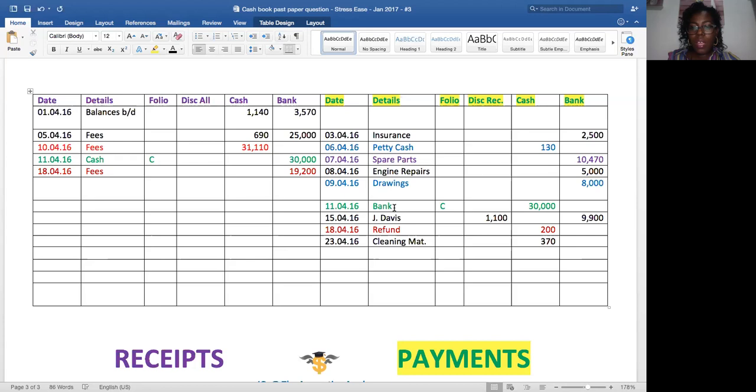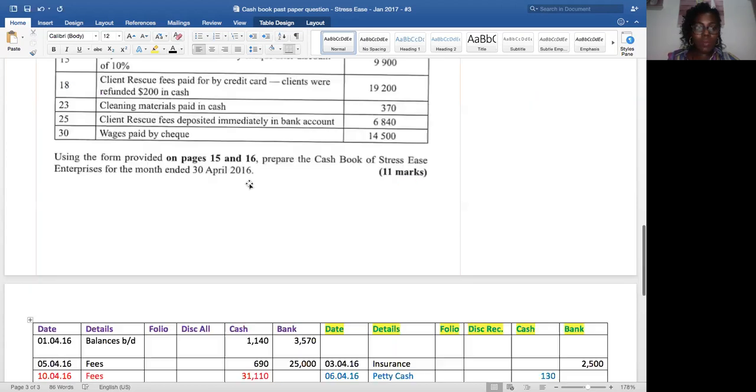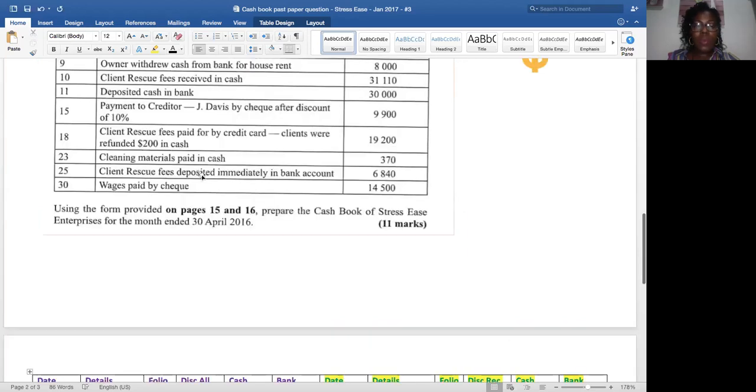All right. If you notice, on the 10th, we received the 31,000 and change. But on the 11th, the money was transferred. Okay, so that is why they made two transactions or two entries there. In this case, client rescue fee was deposited immediately in the bank account.